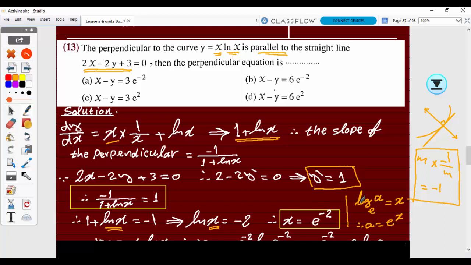Of course, logarithm a to the base e is ln a. Here the natural logarithm, to the base e, is equal to ln a. Okay, now we get x equals e power -2.